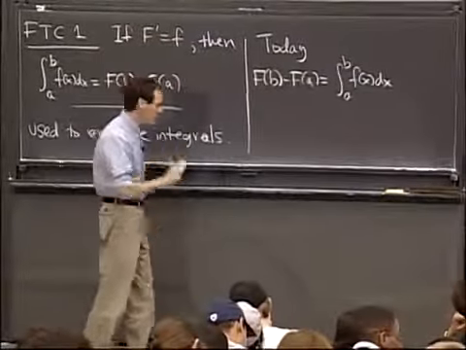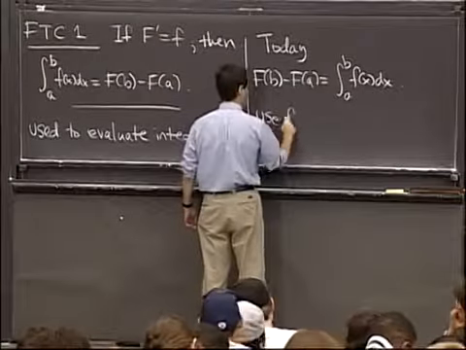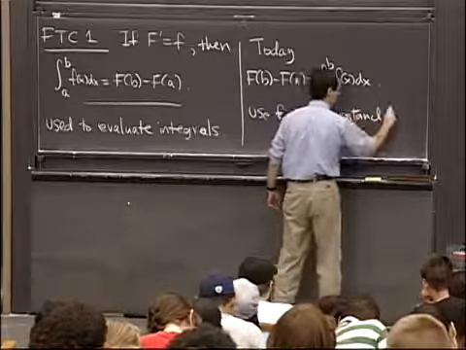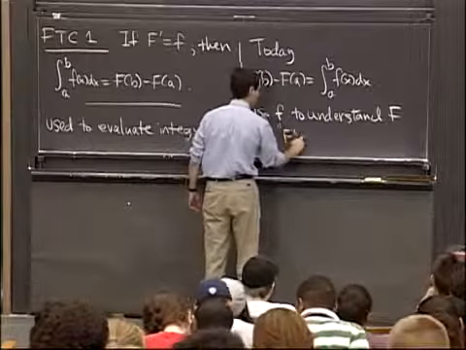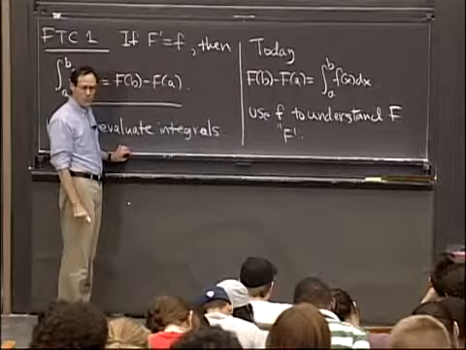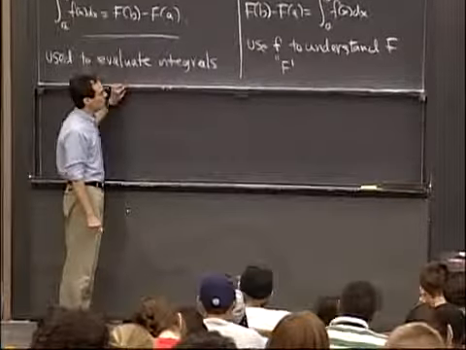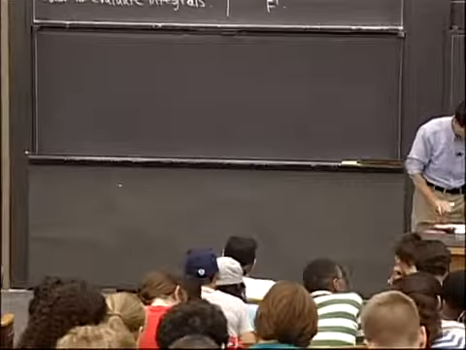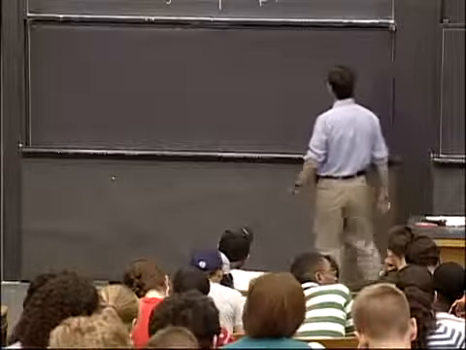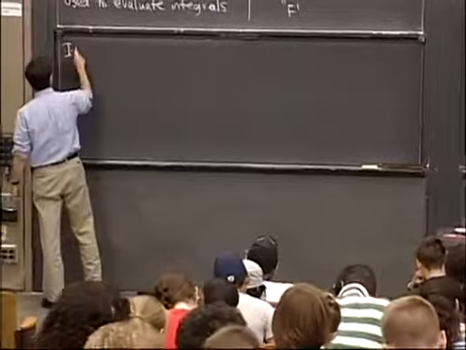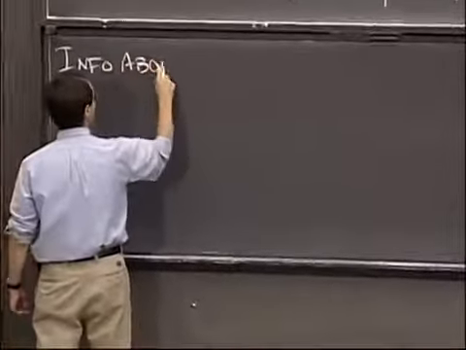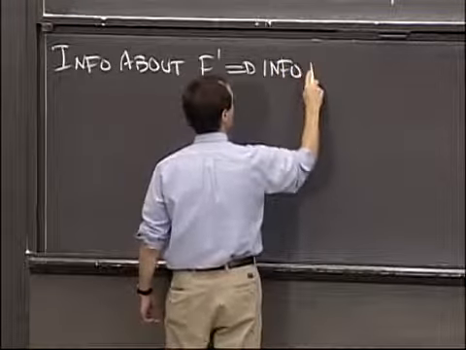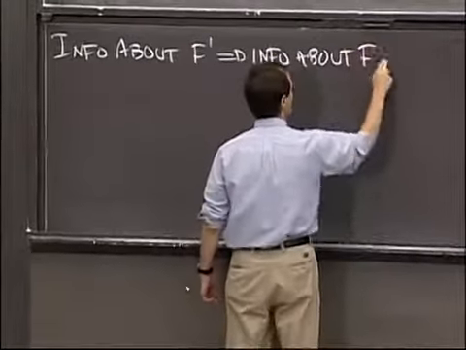And we're going to use f to understand capital F. In other words, the derivative, to understand the function. So that's the reversal of point of view that I'd like to make, and we'll make this point in various ways. So information about f, about f prime, gives us information about F.